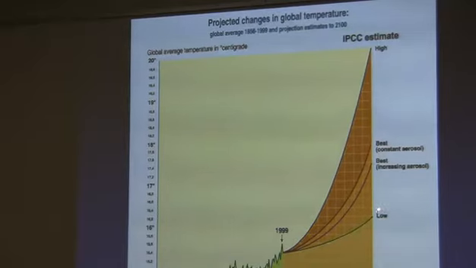But what is clear is that even the most conservative ones, even the lowest one possible, all show a continued increase in temperature. And in some of them, the increase in temperature is rather marked. According to the IPCC, these are the ones that seem to be right someplace in the middle.